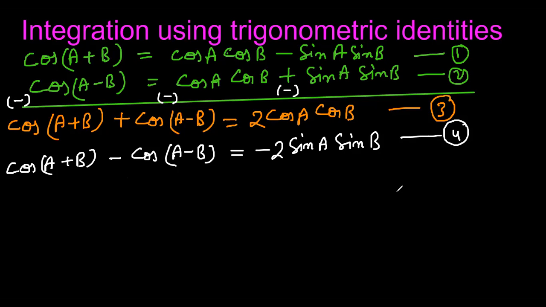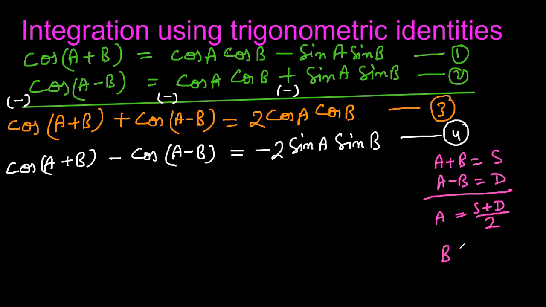We'll substitute A plus B is equal to S, and A minus B is equal to D. Solving this for A and B, we will get A is equal to S plus D by 2, and B would be S minus D by 2, and we can simply substitute the values of A plus B, A minus B, A and B in this equation.